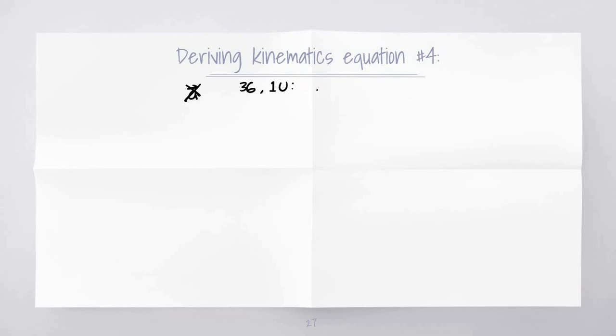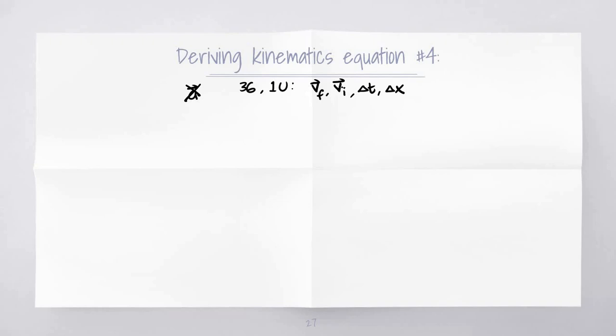So what are these variables? The first variable is final velocity, second is initial velocity, third is time, and fourth is displacement. This gives us all in all 4 variables. These are the 4 variables that could be present in the problem.